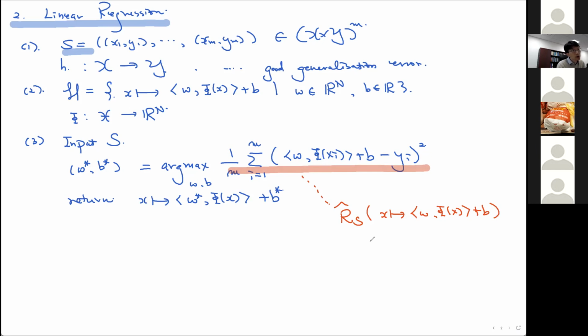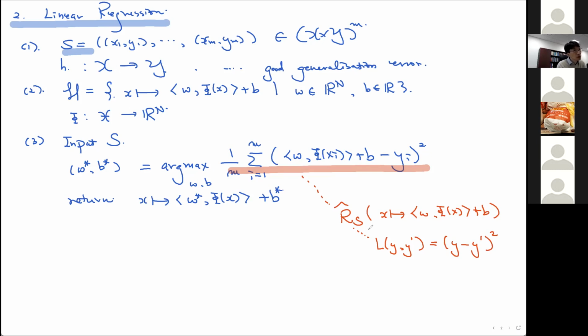But the empirical error itself is defined in terms of a loss function, which compares y and y prime and returns the error. In this case, it's just the squared error.